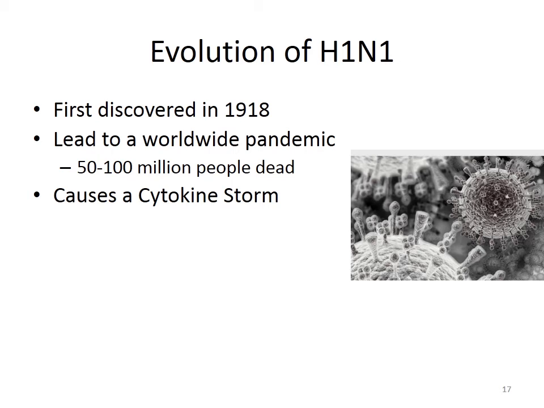H1N1, some of you are familiar with this, right? There was a small outbreak in 2009, when this virus was first discovered in 1970. At that time, 50 or 100 million people died from the H1N1 outbreak. This happens because it causes a cytokine storm.